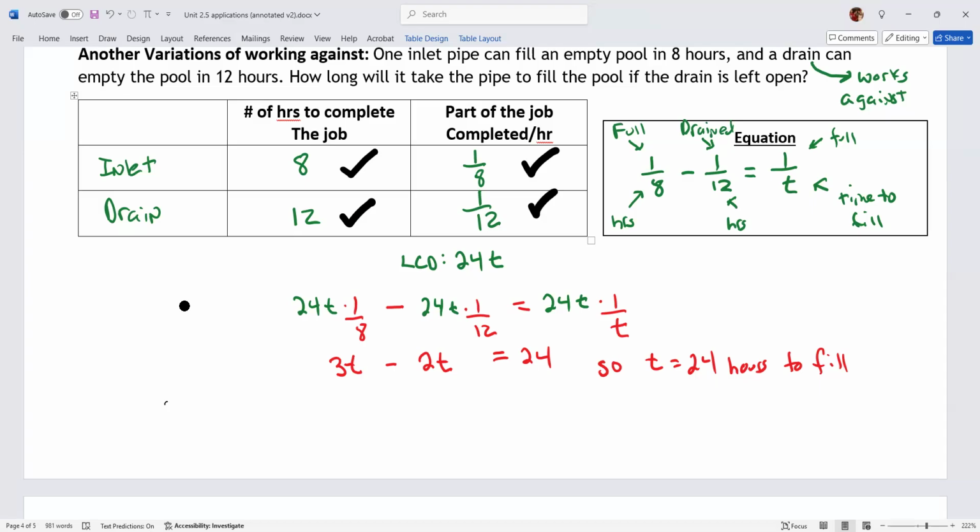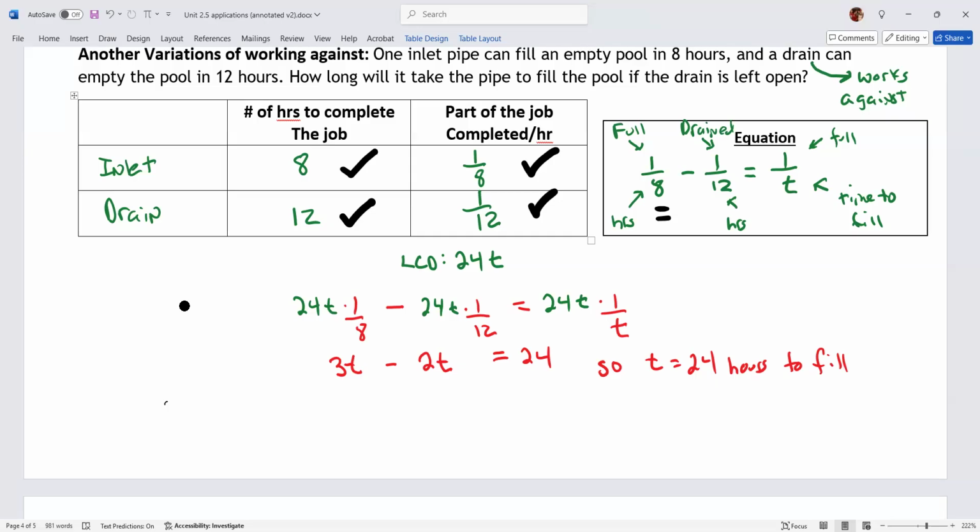And so what's the equation? Well, I'm going to fill the pool right here. That's my rate, but I'm going to subtract from that the rate that it's losing water. So the rate of one pool in 12 hours is working against it. So it's subtraction.